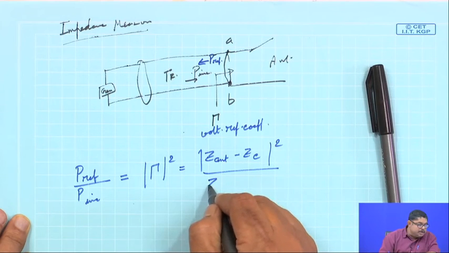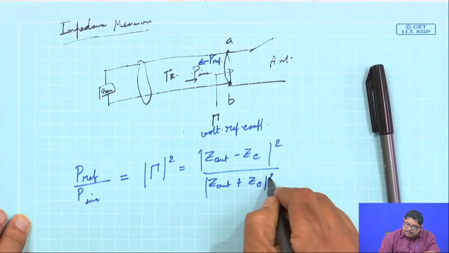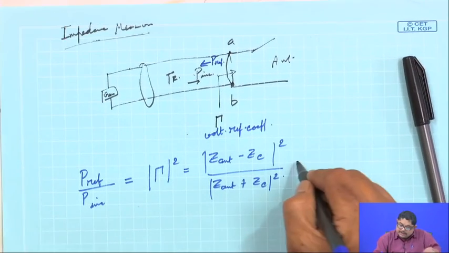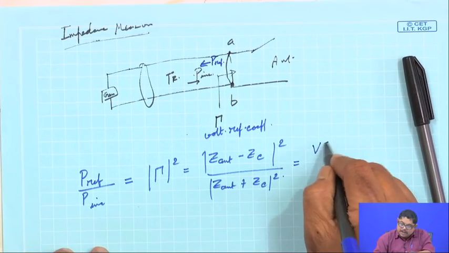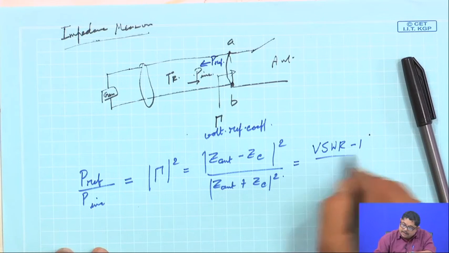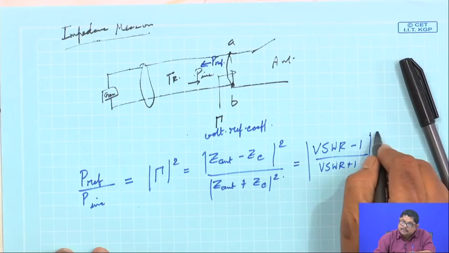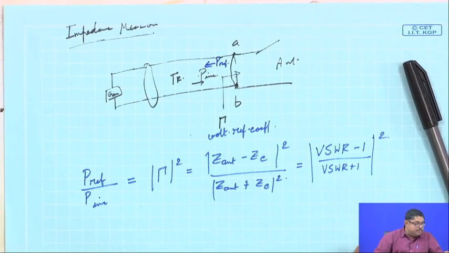These are all known expressions. Just to recap, this can always be related to (VSWR minus 1) by (VSWR plus 1) whole square. This is all of you know.